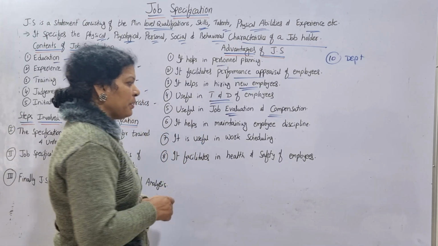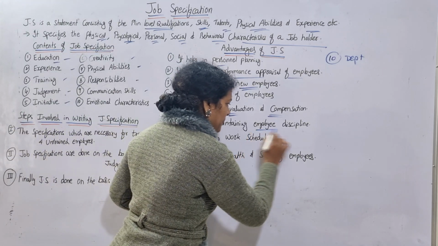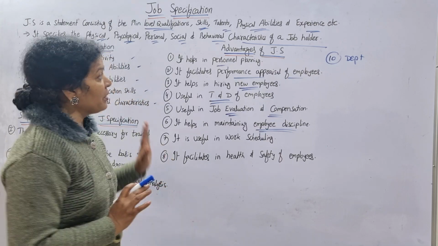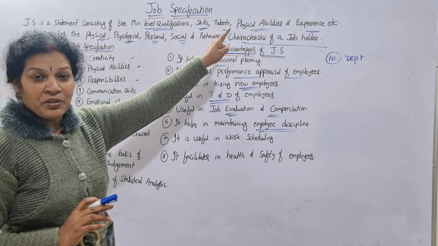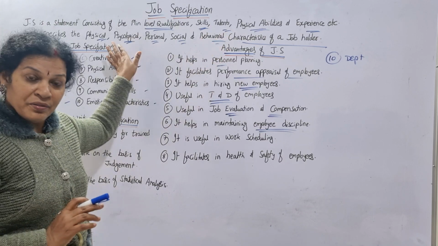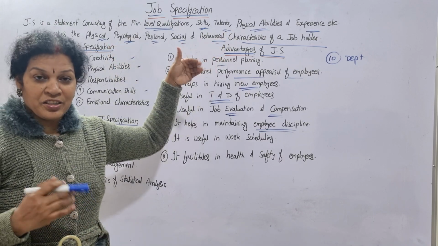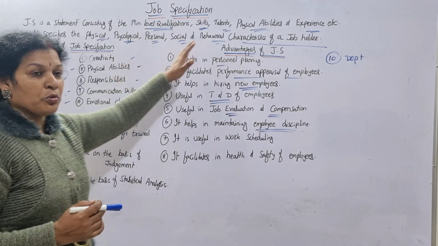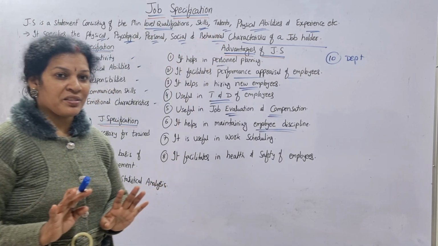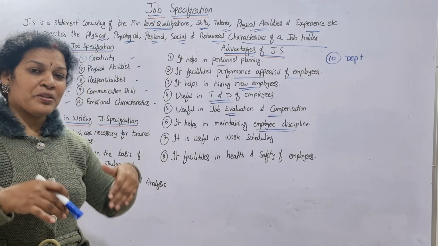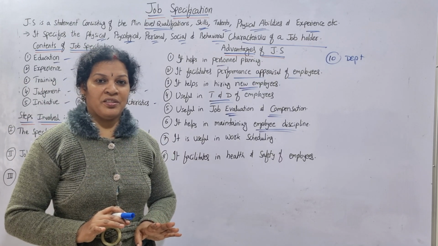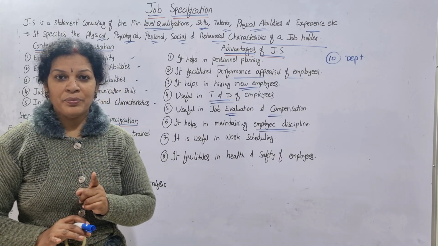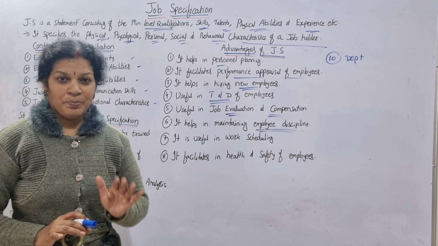And it helps in maintaining employee discipline. Employee discipline is possible because we have considered not only qualification, experience and talent, we have also considered other aspects like those we discussed: physical, psychological, personal, social and behavioral skills. All these things we have observed, then recruited the employees. In such a case, there is definitely a possibility of maintaining good discipline.